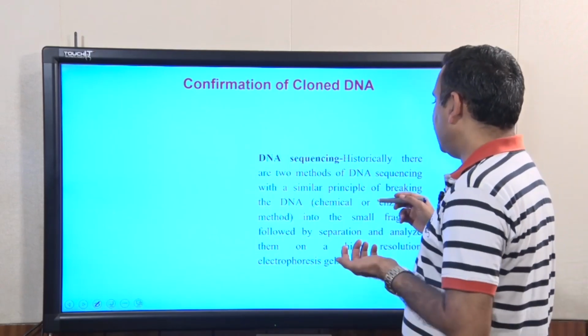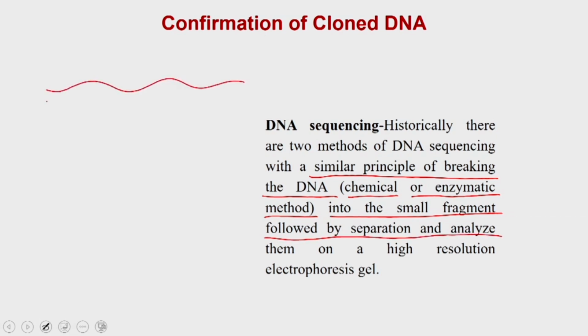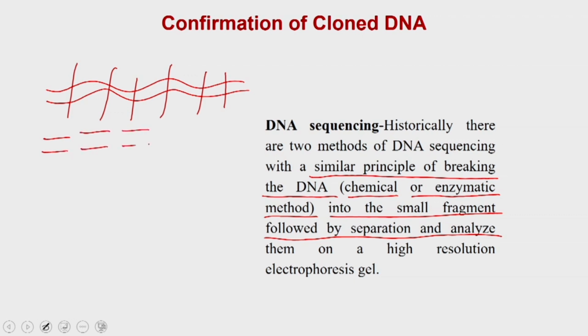Both of these methods have a similar principle: they break the DNA, either by a chemical or an enzymatic method, into smaller fragments. Suppose this is your full gene length; you cut this DNA into smaller fragments, and you get these small fragments.